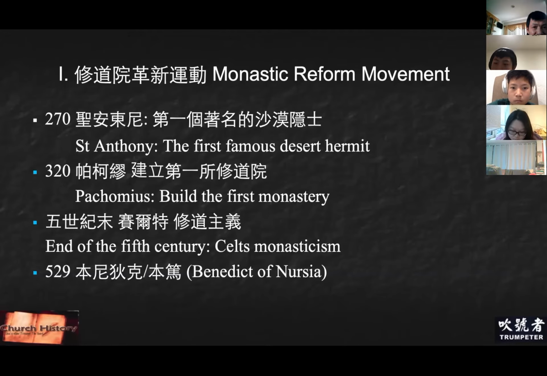So during the 10th to 12th centuries, there was the Cluniac reform from France, which started to reform the monasteries. Nothing stays strong forever, so when it becomes corrupted, it needs a reform.